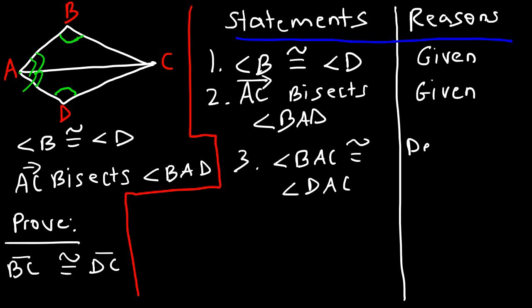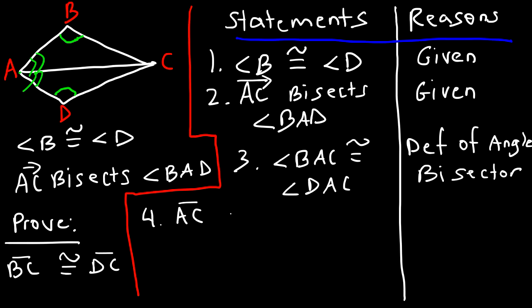And the reason for that is definition of an angle bisector. Now let's move on to our next step. In step 4, we could say that AC is congruent to itself due to the common side that we see here. And that's based on the reflexive property.